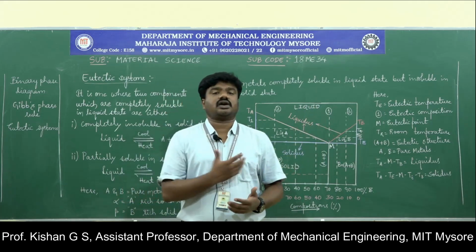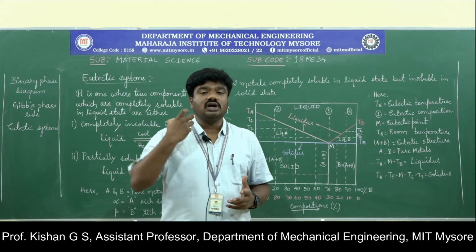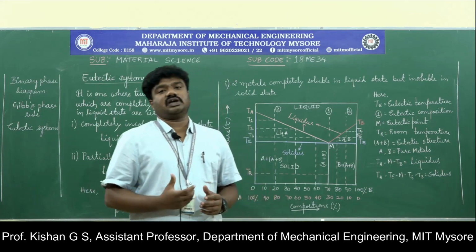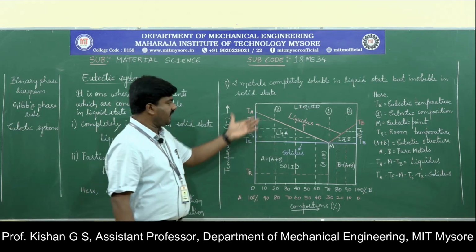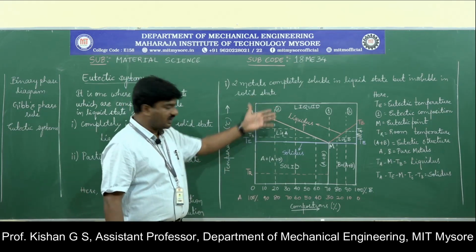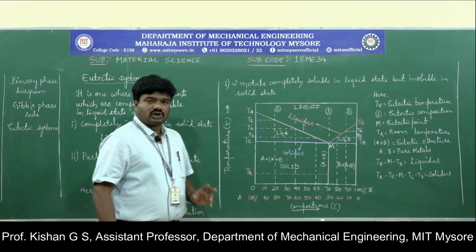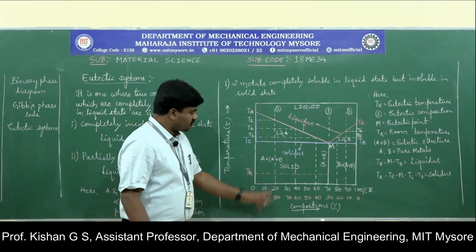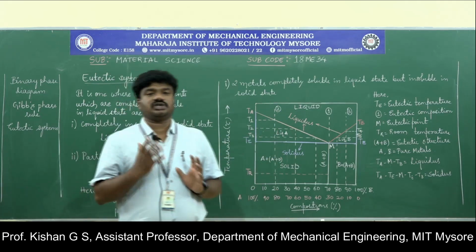This second and third composition is not stagnant; you can take wherever you want to assess the behavior of composition. For ease of understanding, I have taken composition 2 as 20% of B and 80% of A. Let us now see how the solidification is initiated.